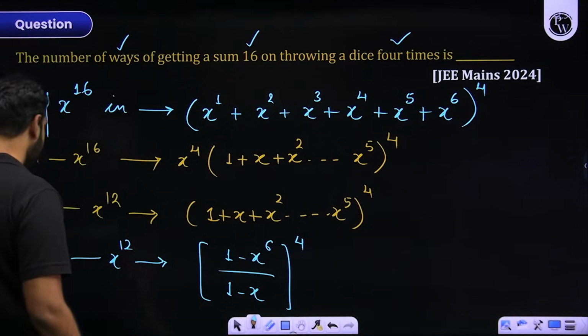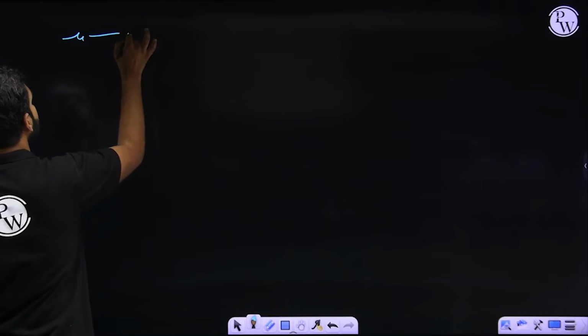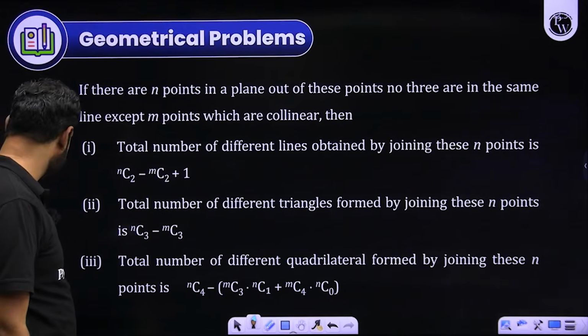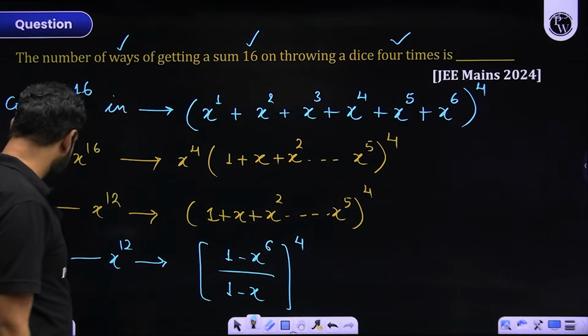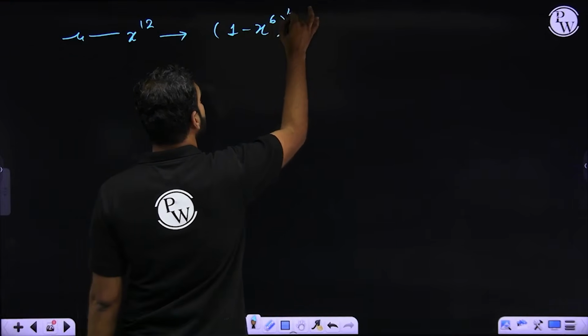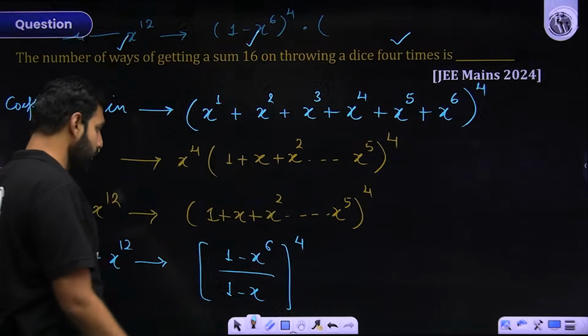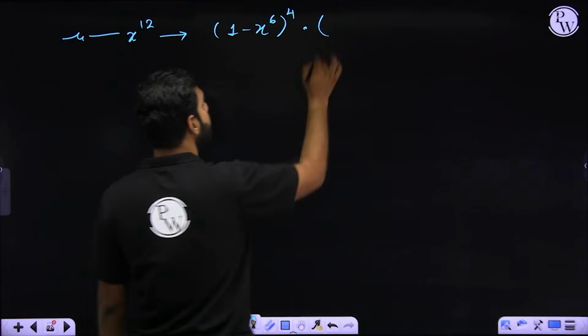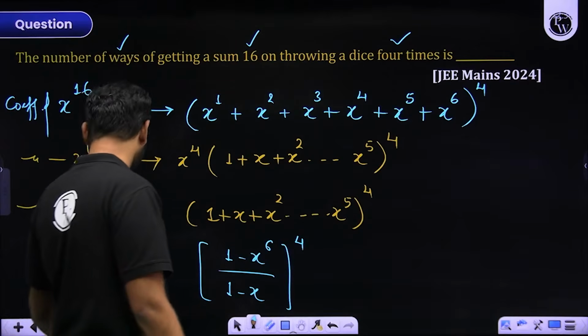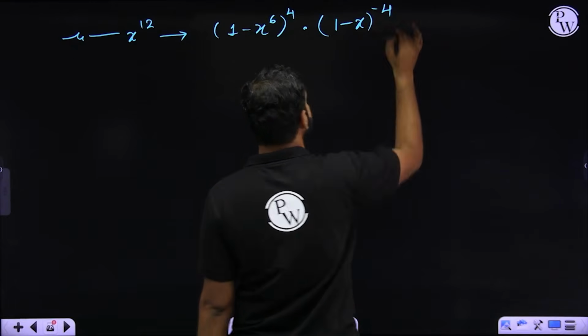Here, when I write it further, I am finding the coefficient of x to the power 12 in the expansion of 1 minus x to the power 6, whole raised to the power 4, into 1 minus x to the power minus 4. Right? Okay, that's great.